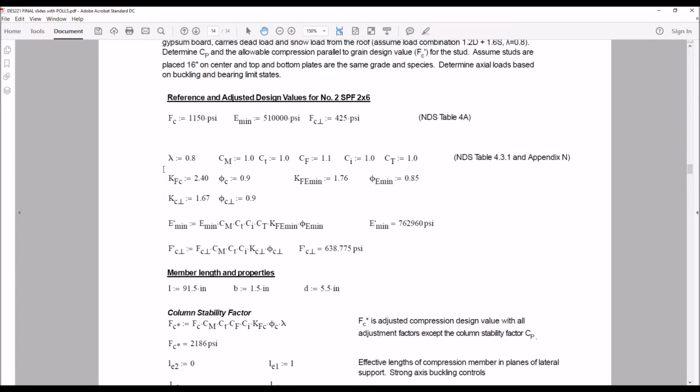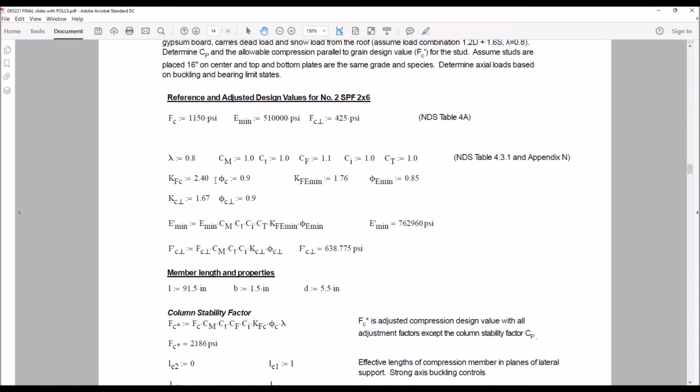We also have some K sub F factors, and there's a different K sub F factor for each of these different design parameters. So we've denoted the K sub F factors with a subscript. This K sub F sub C is the K factor for the F sub C value.